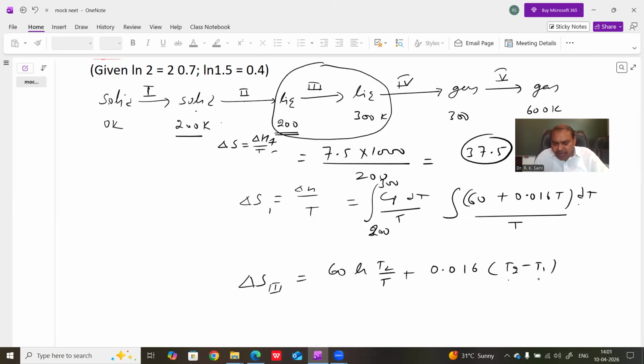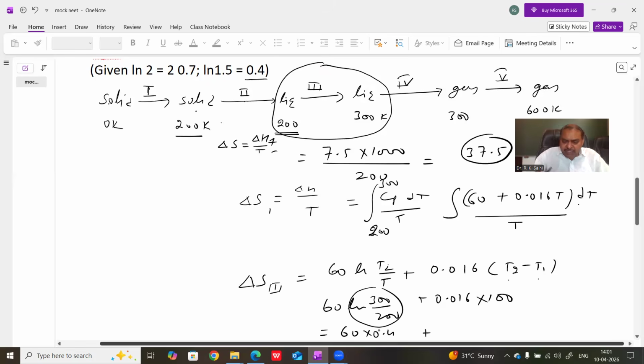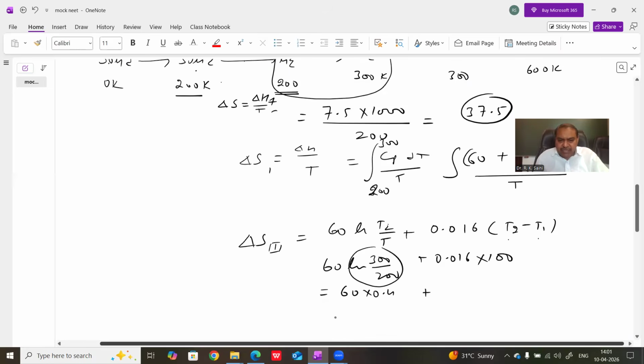T2 is 300 and T1 is 200, so 0.016 into 100, and 60 into ln 300 upon 200, that is ln 1.5, which is given as 0.4. Therefore, 60 into 0.4 is 24, plus 1.6, so the entropy change in step third is 25.6.